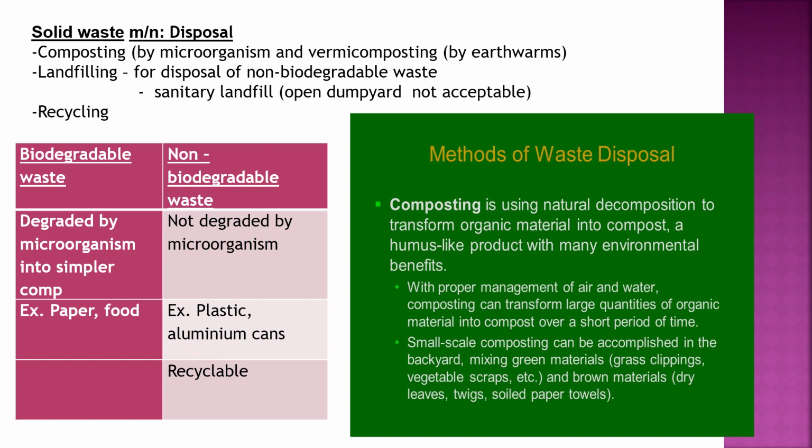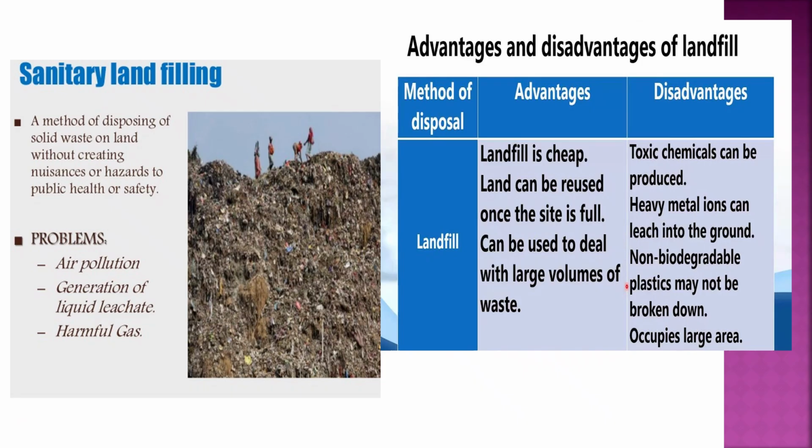Biodegradable waste is degraded by microorganisms into simple compost, for example paper or food material. Non-biodegradable waste is not degraded by microorganisms, for example plastic and aluminum cans, so they are recyclable. Now advantages and disadvantages.